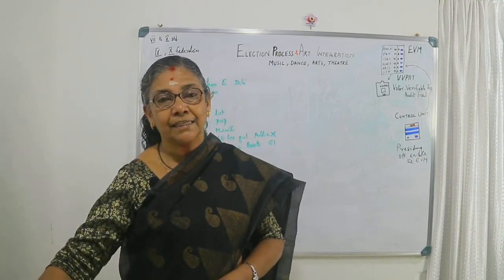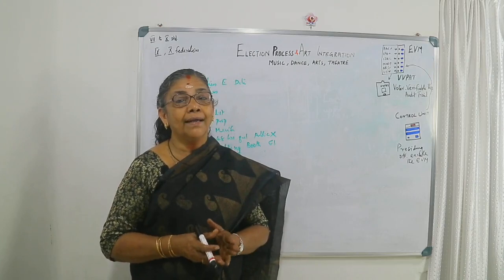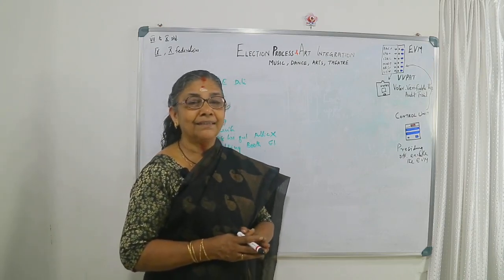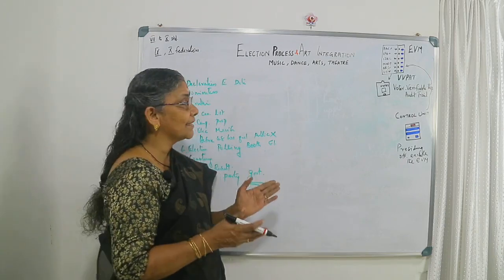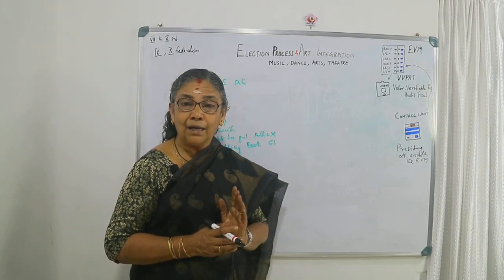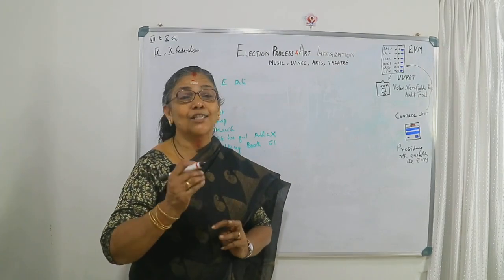When the result is published, the majority party will form the government. Where the election took place at the parliament level, we call it the legislature, that is, the Lok Sabha election.